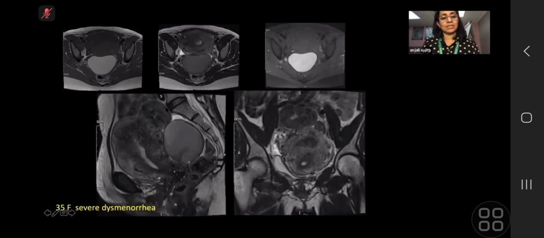And as you rightly pointed out, there is a subserosal fibroid. If you go back and look at the T1 weighted image, you can see a tiny high signal focus within the myometrium, which stays bright on the T1 fat sat. It's very tiny, so that is a tiny microhemorrhage that again is in keeping with adenomyosis. Good. So this is endometrioma, adenomyosis, and subserosal fibroid.